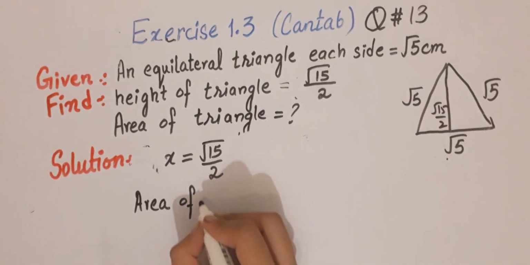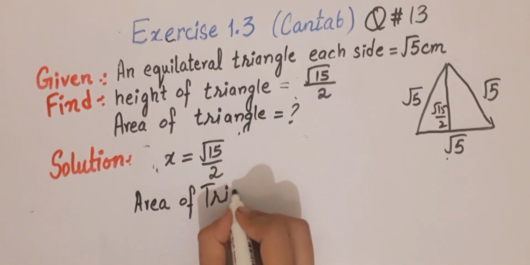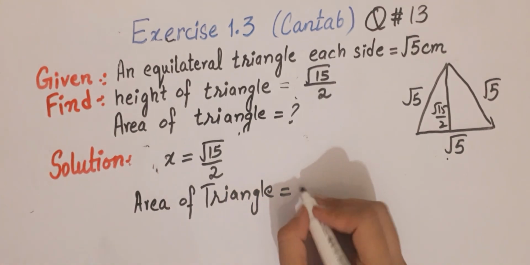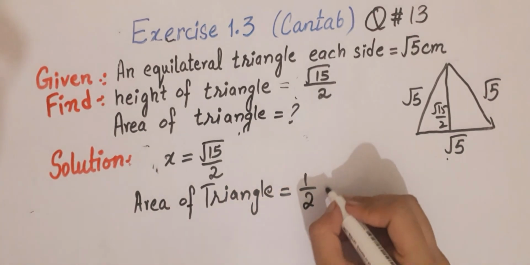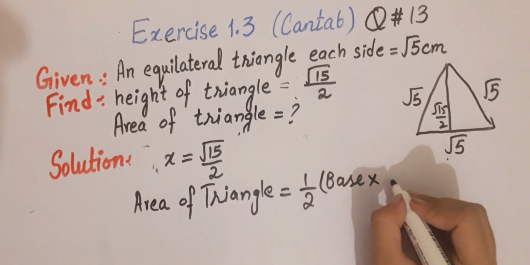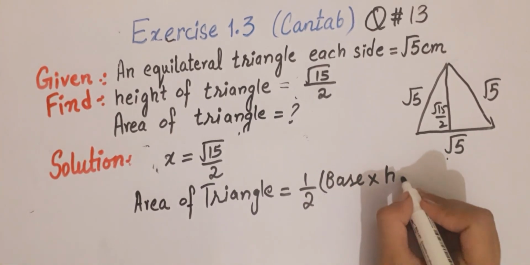So area of triangle is equal to half of base into height.